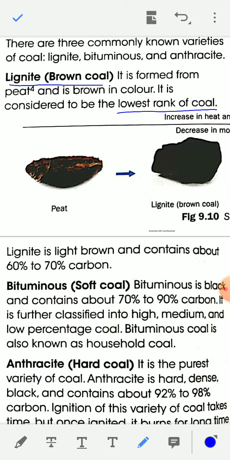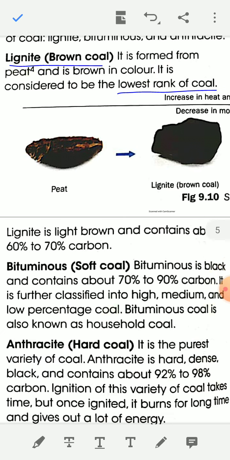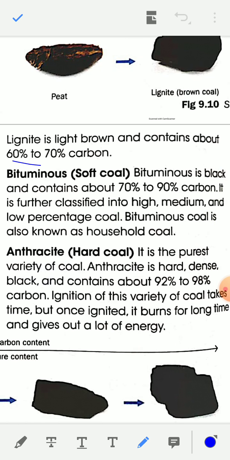Lignite is light brown and contains about 60 to 70% carbon. The second type of coal, bituminous or soft coal, is black and contains about 70 to 90% carbon.